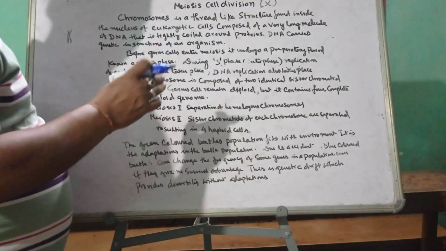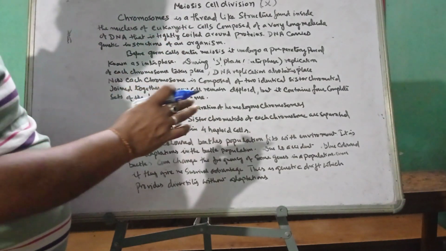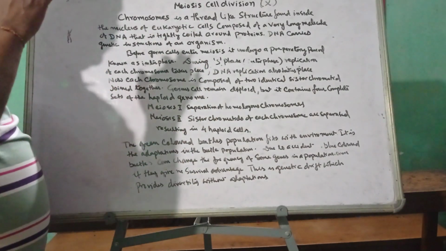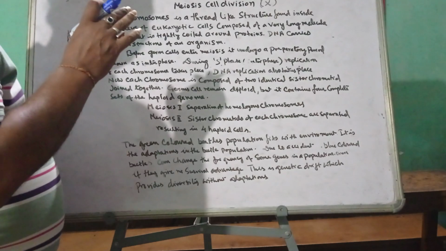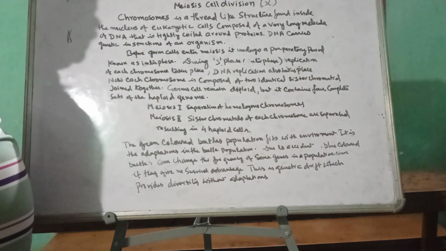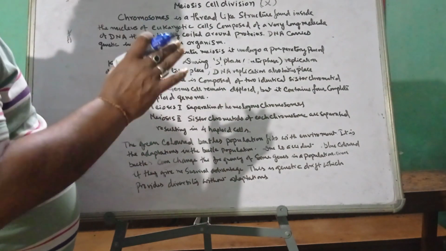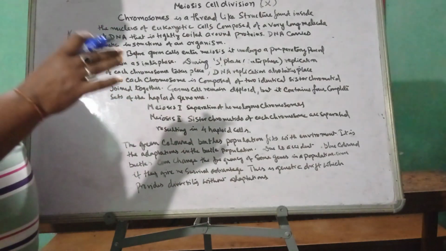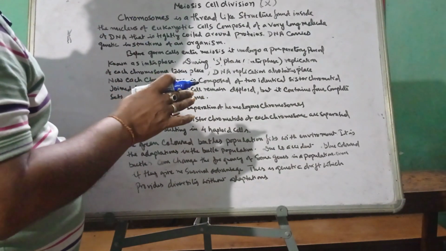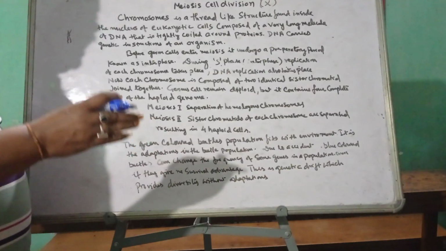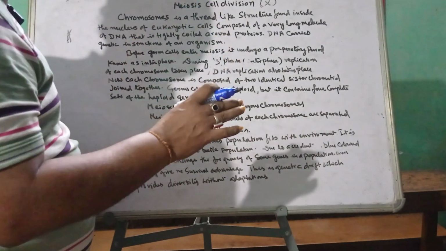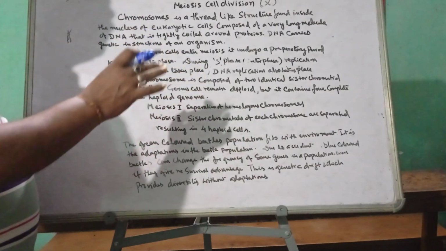I want to tell you about genetic drift. What is genetic drift? Suppose there were green beetles, and these green beetles are adapted by the population.